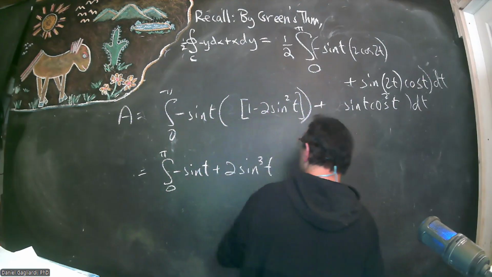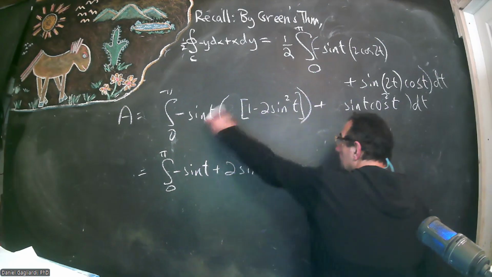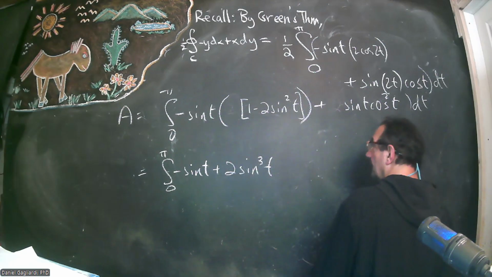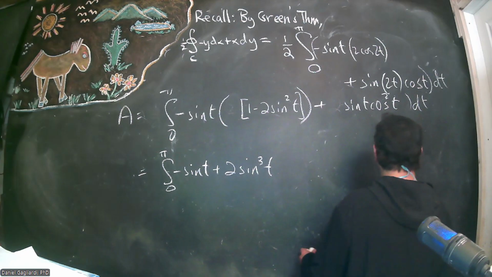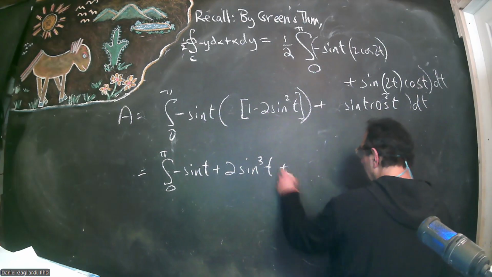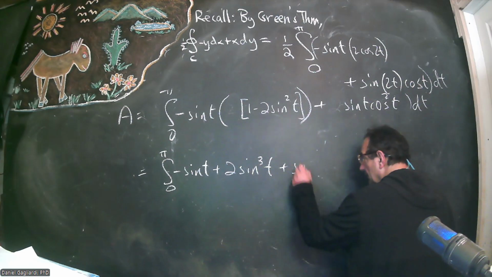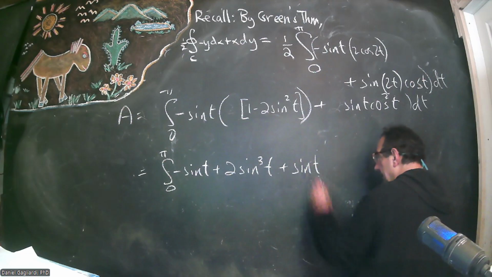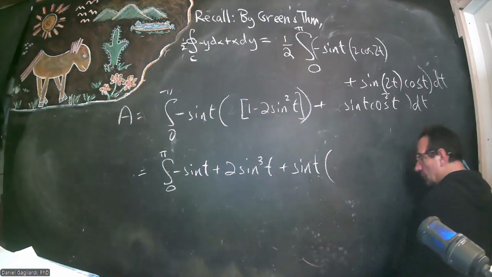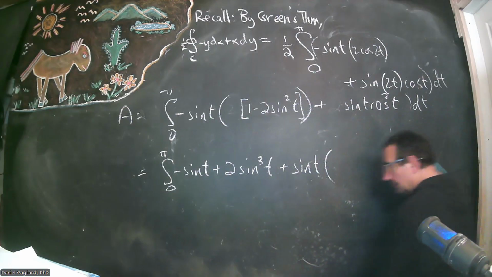Good. And then over here we have sine times cosine squared. If we're going to write everything in terms of sine, at least that's the way I'd like to try it, then we're going to use the substitution cosine squared is equal to 1 minus sine squared.